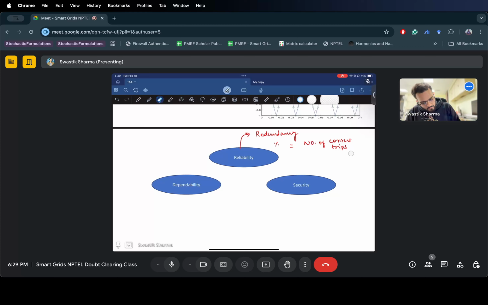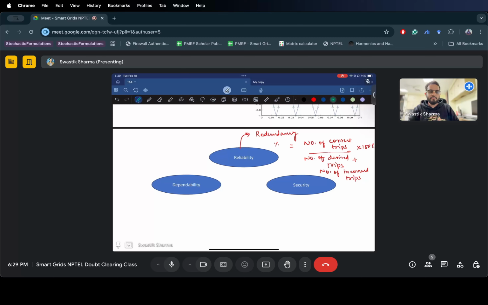by number of desired trips plus number of incorrect trips, right? Is this correct? Can anyone tell me? So this is your percentage of reliability.